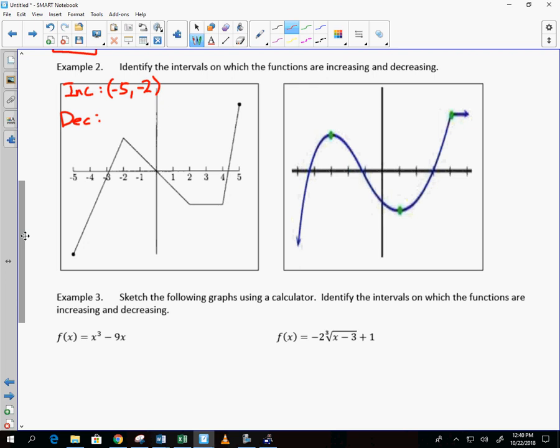And then, is it increasing or decreasing now? Decreasing from -2 to what? 2. And then it kind of just stays flat. Slope of 0 is not increasing or decreasing, is it? It's neither. But it does start increasing again, and it starts increasing from 4 to 5.